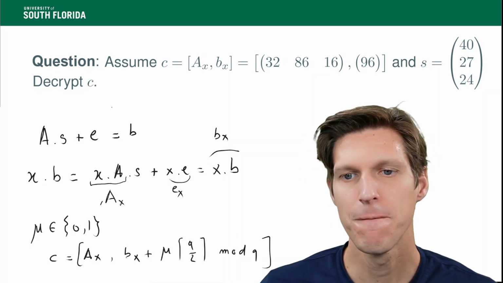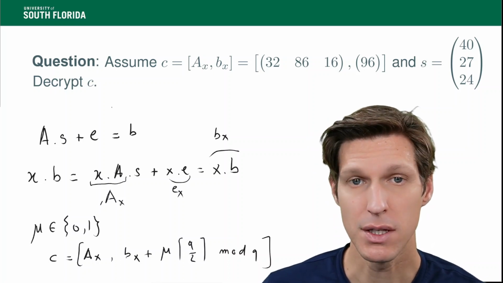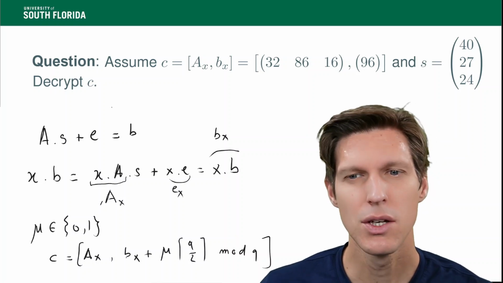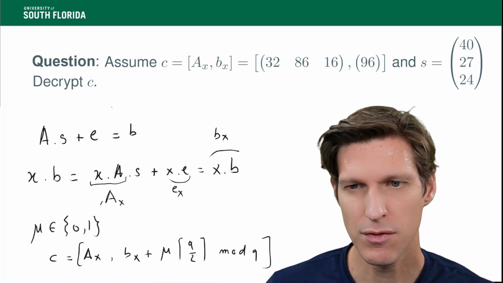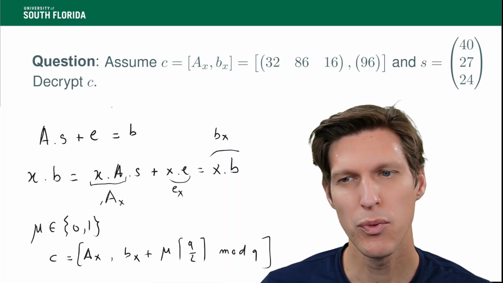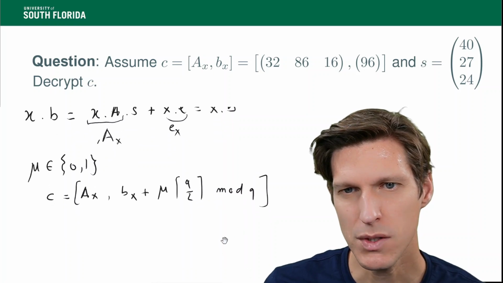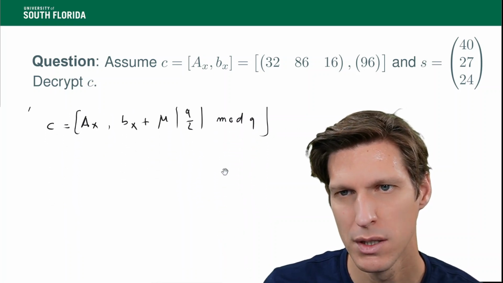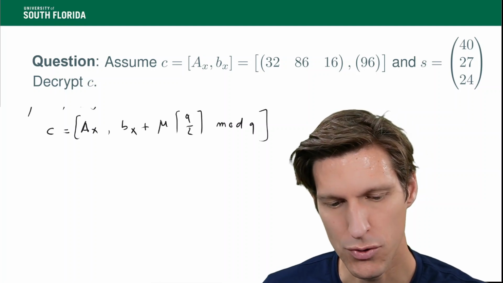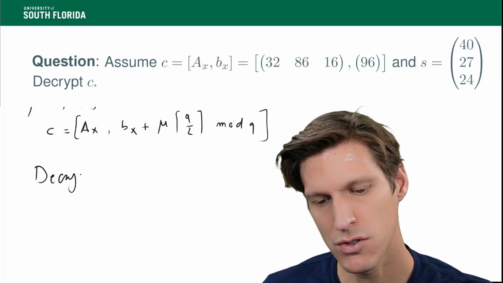So really, if you have the secret key S, you will be able to retrieve mu times q over 2 plus an error. So I'm going to scroll up a little bit here. So now assuming you're at this point and you have S. So decryption, because this is really what we're trying to do in this particular exercise.